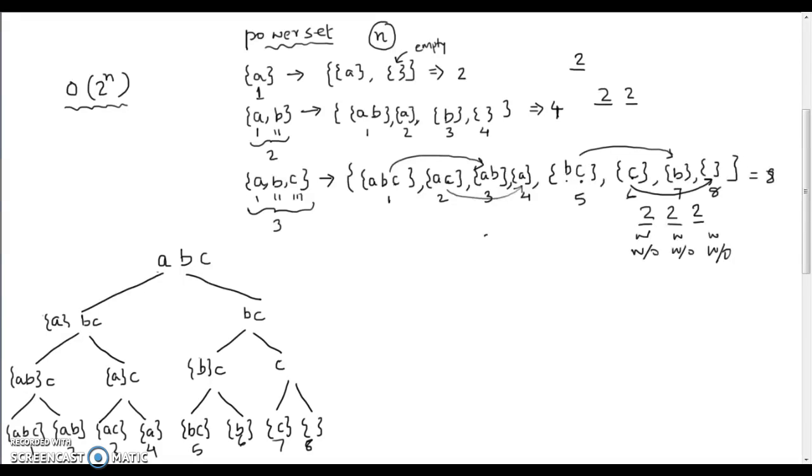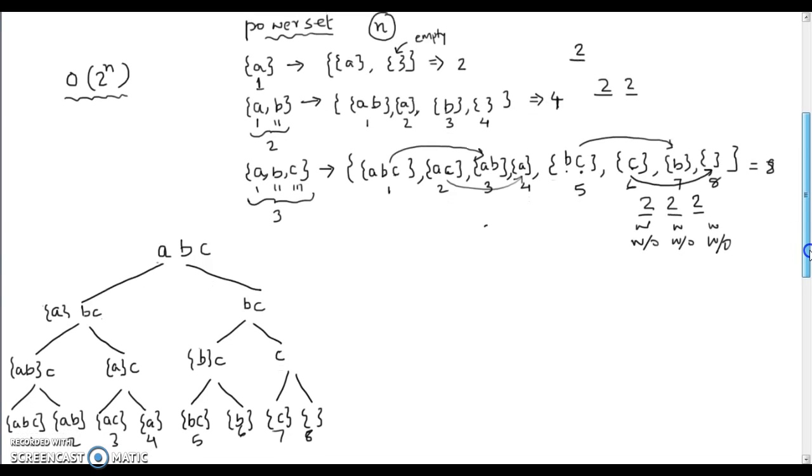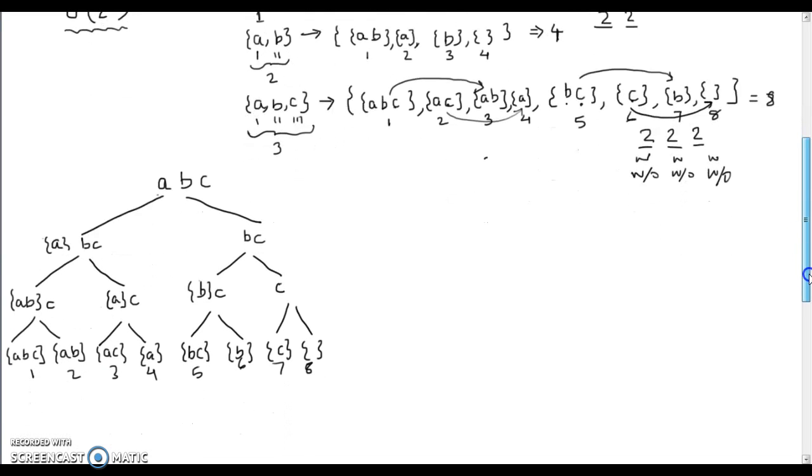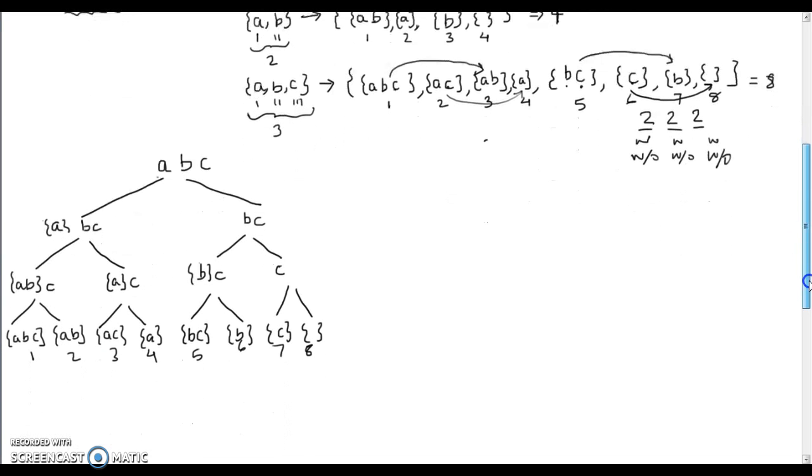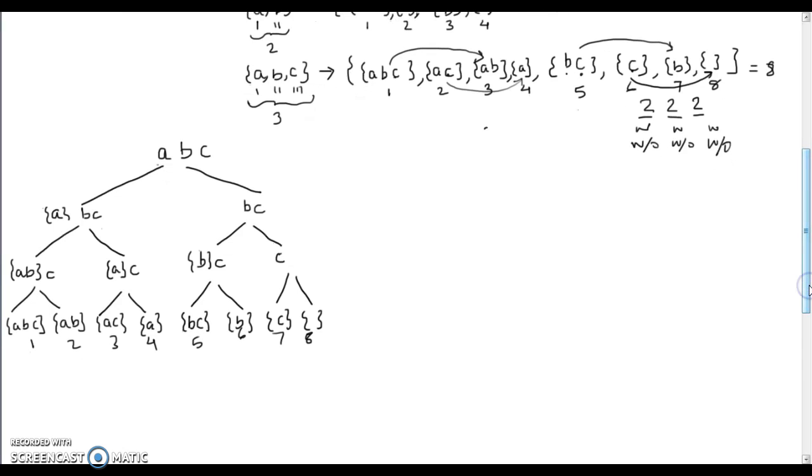All right, friends, let's proceed with our heuristics and try to come up with the strategy to devise our recursive approach to generate these power sets. If you observe, we are deciding about the current offset at every level.